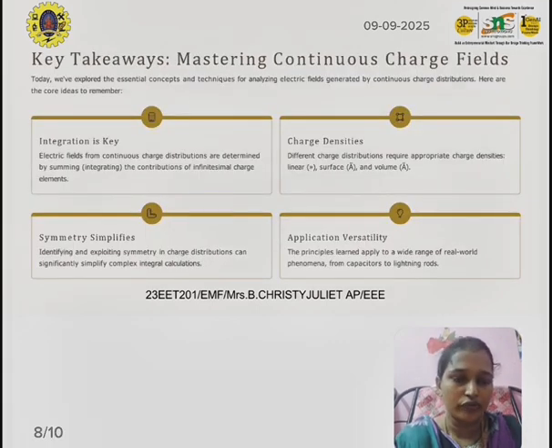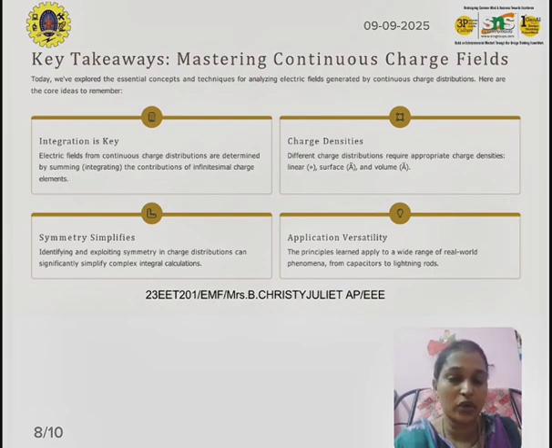So far we have discussed what point charges and continuous charge distributions are, and how the electric field intensity equation varies with these kinds of charge distributions. These principles can be easily understood by applying this knowledge to real-time phenomena, like what we discussed in the test cases, such as finding the electric field for the plates of a parallel plate capacitor, or for a tungsten filament, or for any lightning rods.